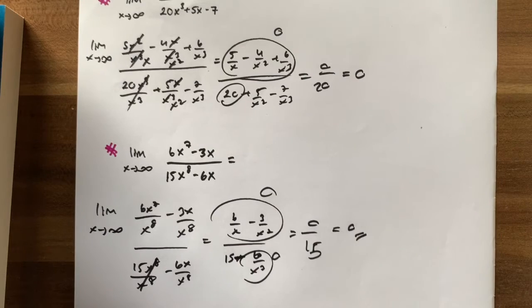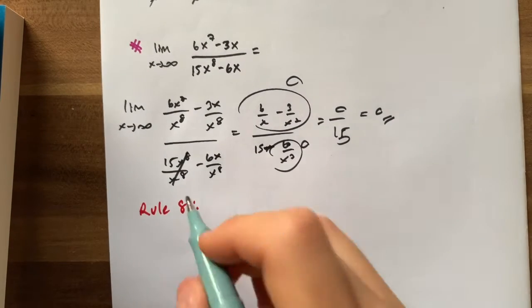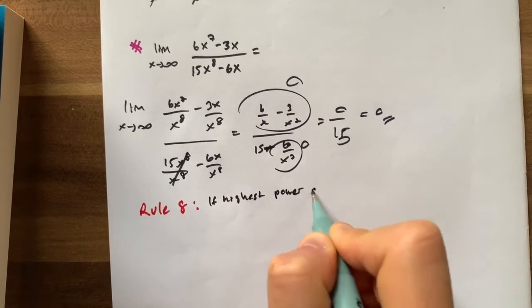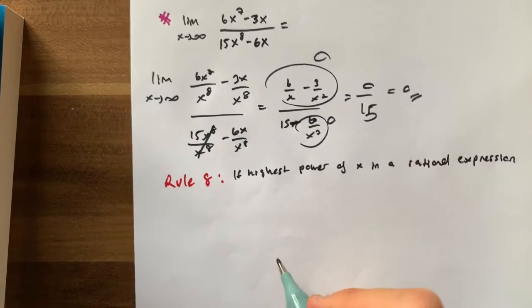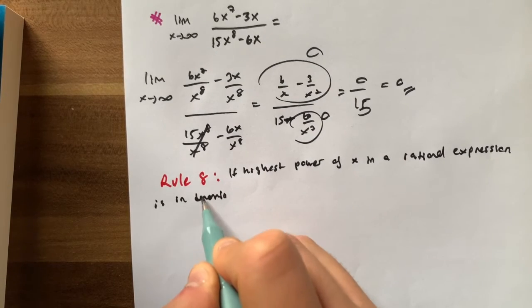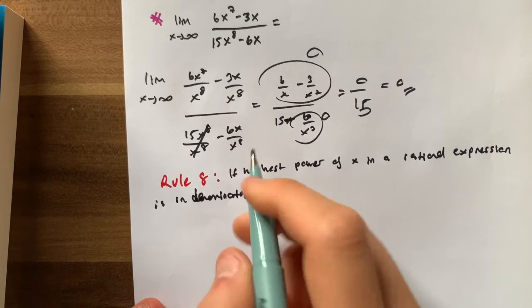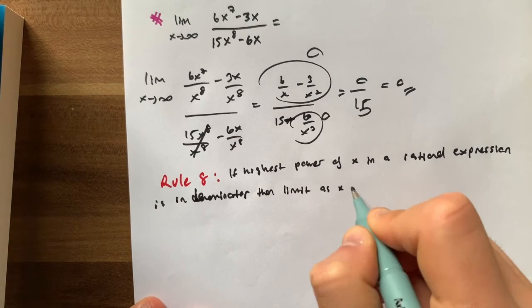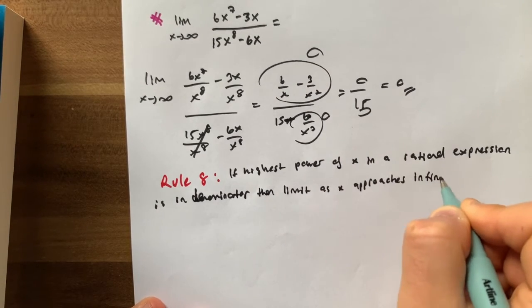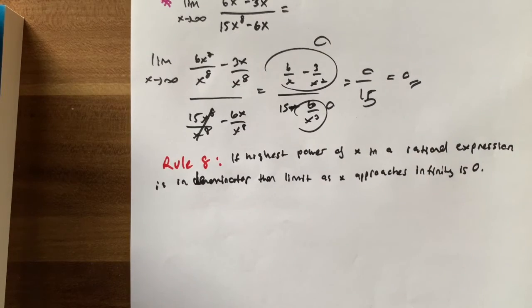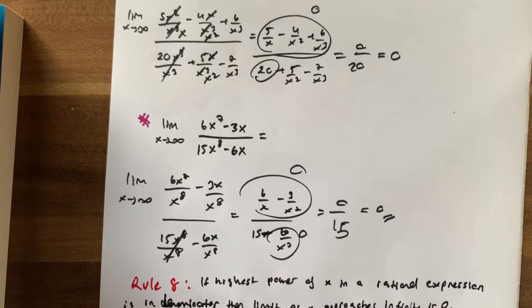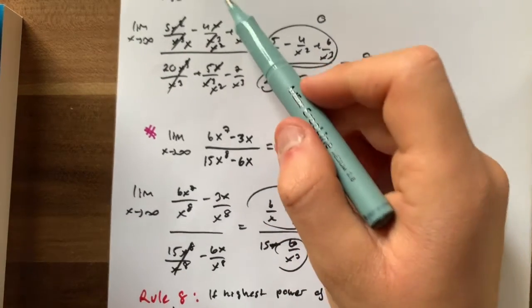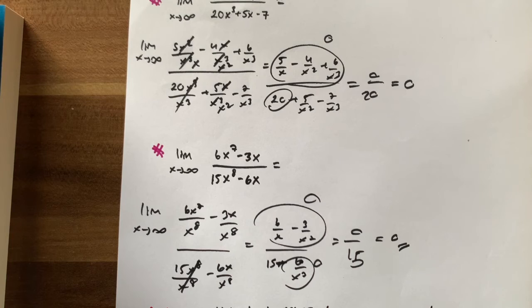We can make a generalization here. I wrote the rule in case you need it. This is the shortcut for these calculations. If the highest exponent is in the denominator, then the result is 0.